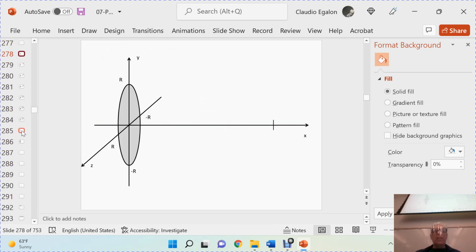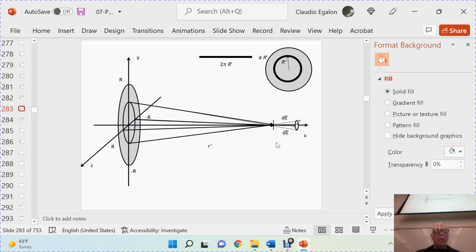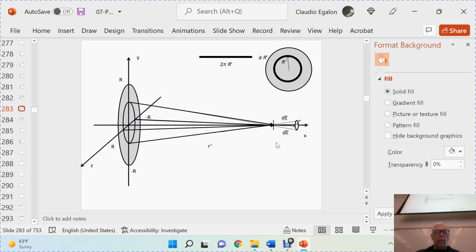So here's the disk. We want to know the electric potential at this point. What we do is consider the ring as the infinitesimal charge distribution in the disk, just like we did for the electric field. This ring contributes electric potential at this point. A different ring contributes another electric potential at another point. Here's the second ring. First ring and second ring, right?